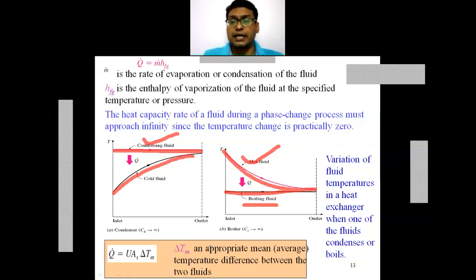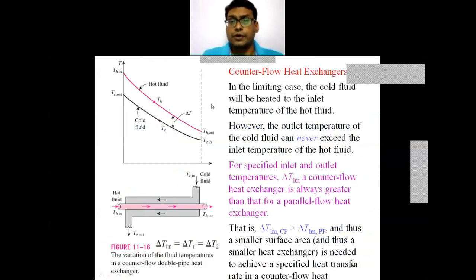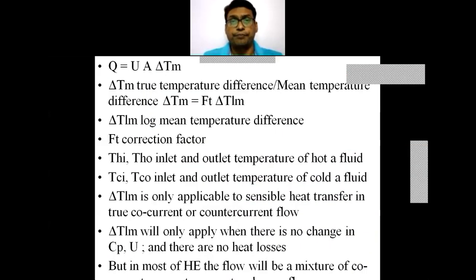So delta Tm is an appropriate mean temperature difference between the two fluids. Here also you can observe that the variation in the temperature gradient is drastically reducing. So in this, the limiting case of a cold fluid.